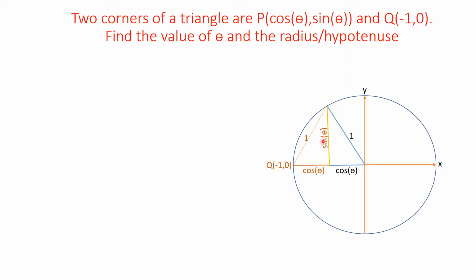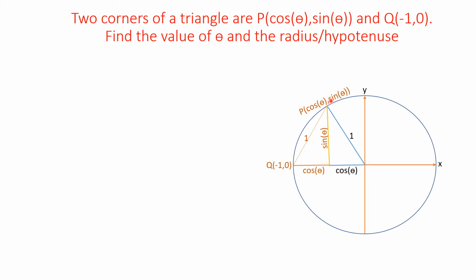Here is a sketch of the x-axis and the y-axis, and here is the point Q of -1, 0, and there is the point P of cosine theta, sine theta.